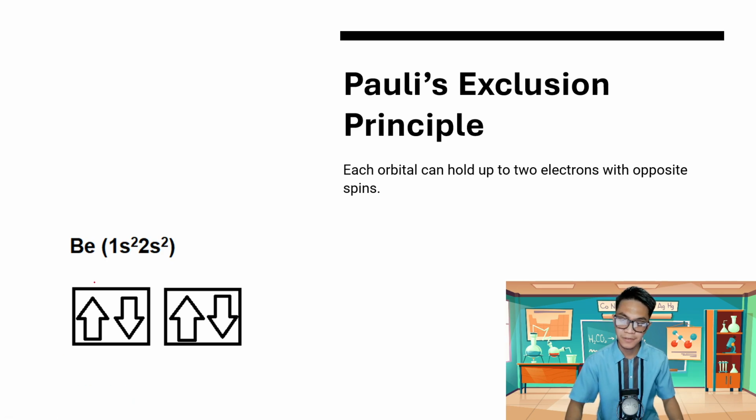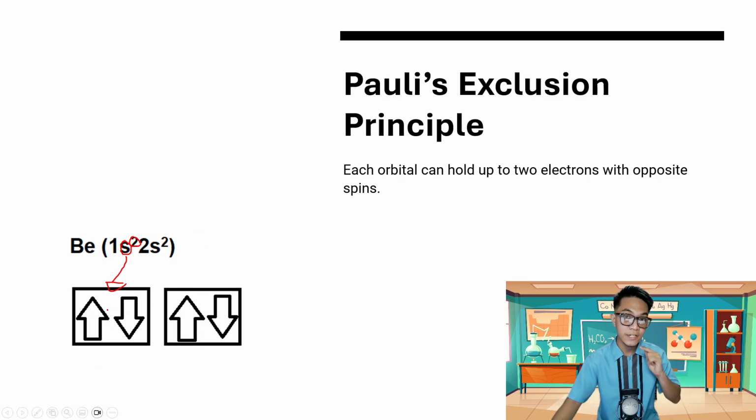I have difficulty adjusting using this pen. So this is our S block, and the number of electrons it can house at maximum occupancy is 2. That's why it is represented by these 2 electrons.